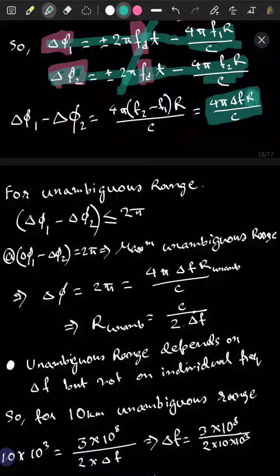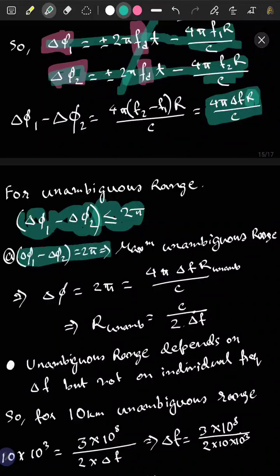Now for unambiguous range detection, if delta phi 1 minus delta phi 2 is less than or equal to 2 pi, then we have an unambiguous phase value, and that will lead to an unambiguous range. At delta phi 1 minus delta phi 2 equals 2 pi, there is a maximum limit of this unambiguous value.